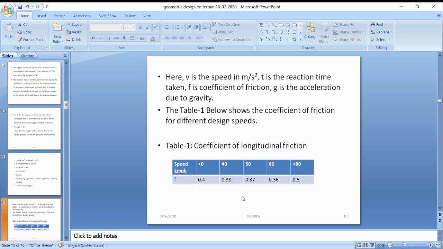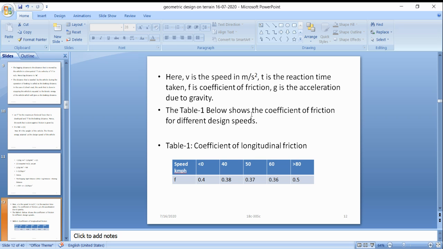Here v is the speed in meters per second, and t is the reaction time. f is the coefficient of friction and g is the acceleration due to gravity in meters per second square, v is in meters per second, and the reaction time is entirely in seconds only.